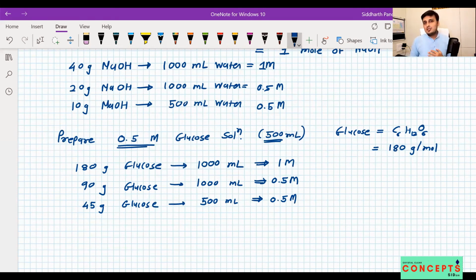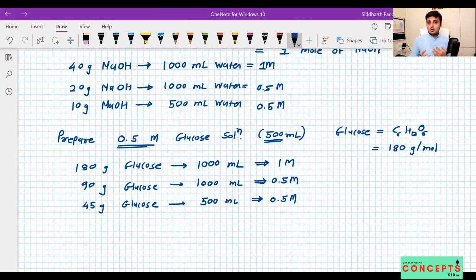So whatever ratio you are reducing your molarity, whatever ratio you are reducing your volume, accordingly you have to make your mass reduce and you will get the answer.